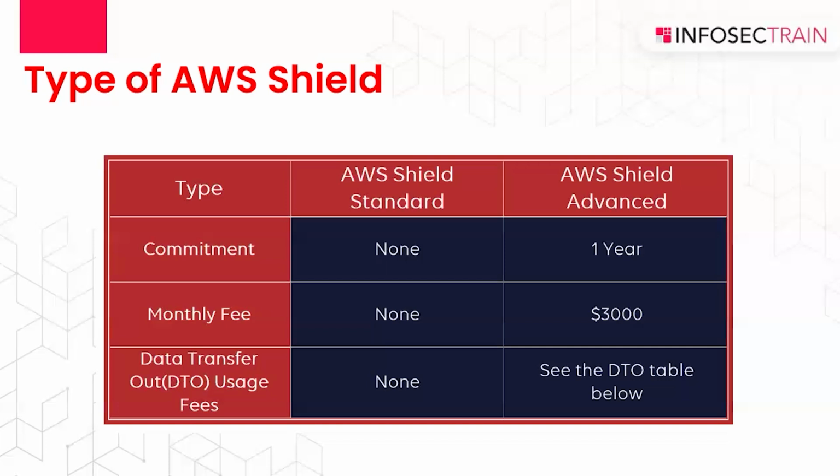A dedicated team would be provided to you which continuously monitors your AWS account, and if they find any kind of DoS attack your account is witnessing, they will do everything they can to stop it and contain it. But the cost is $3,000, so you have to subscribe to it. It's not there by default. So this is what we have in AWS Shield.